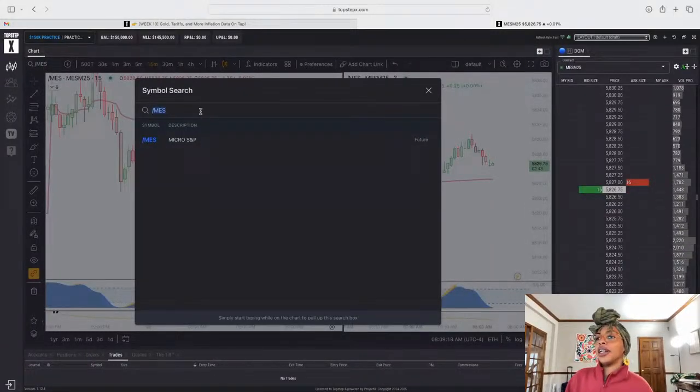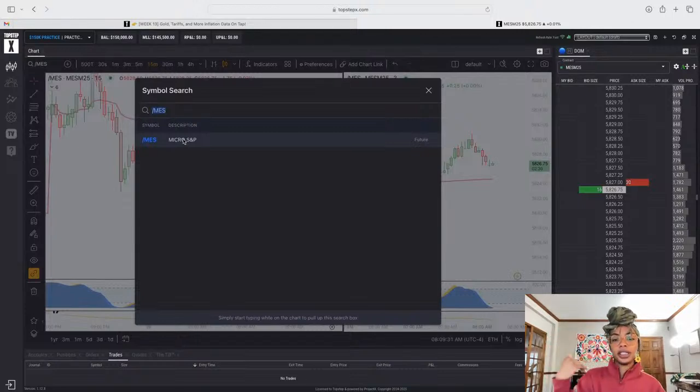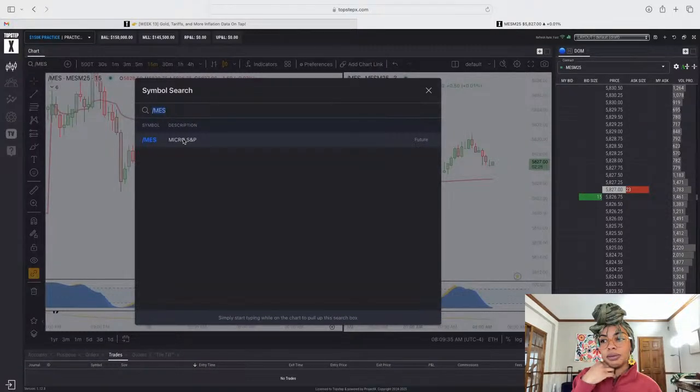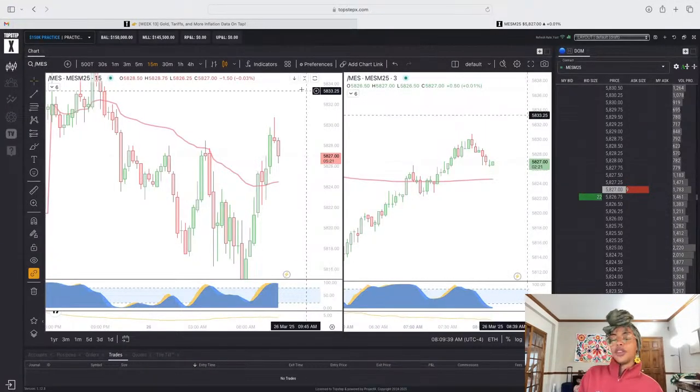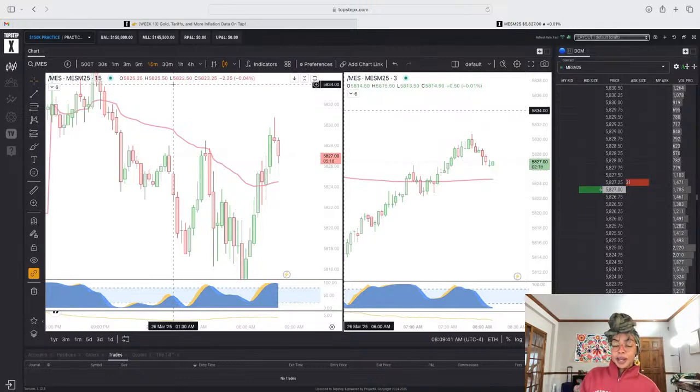And let's look at our different symbol searches. So we can be trading the micro SP, meaning every tick point, which the ticks here in ES are 25 cents. So remember in Forex, those movements, we call those pips.